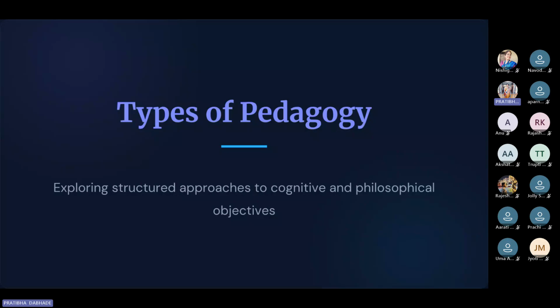Nowadays, pedagogy is related only to school-level education. When students learn in higher education, they are adult learners, and for them there is a new concept, andragogy, the methodology used for adult learners. Okay, so types of pedagogy. Let's see one by one.